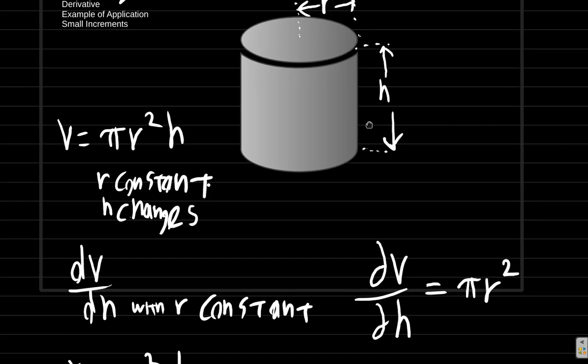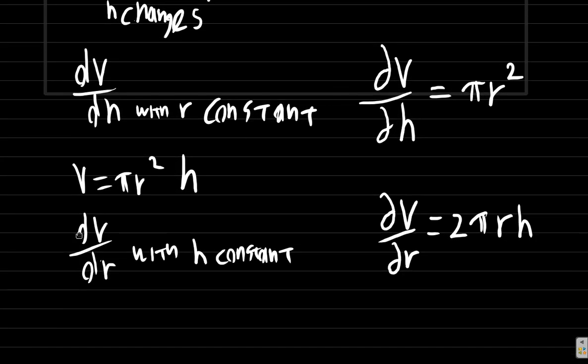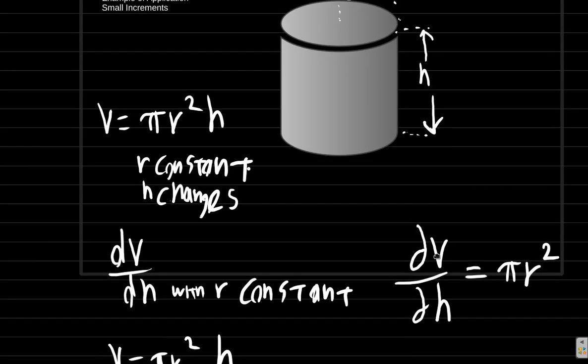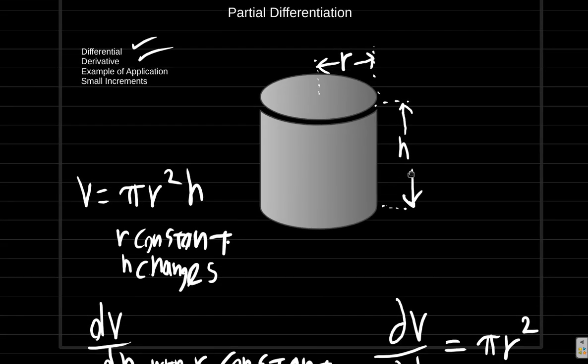And after that, we lock h and allow r to change. So we're looking at the partial derivative of v with respect to r with h constant. That's delta v by delta r. Alright, so we'll look at what I refer to as small increments in our next video.